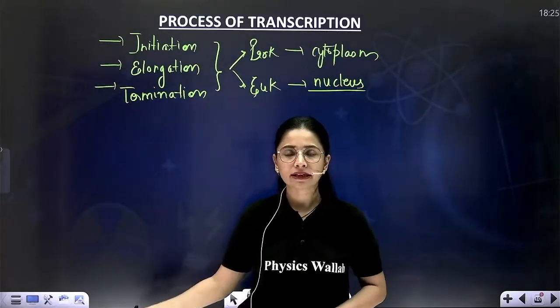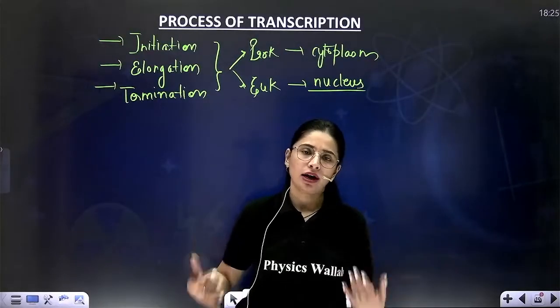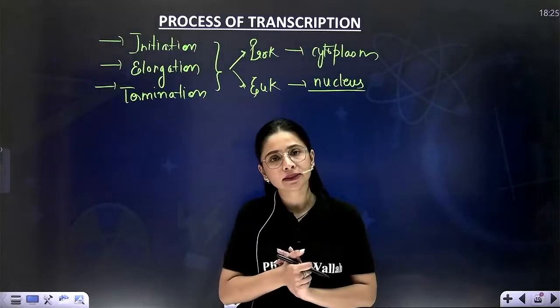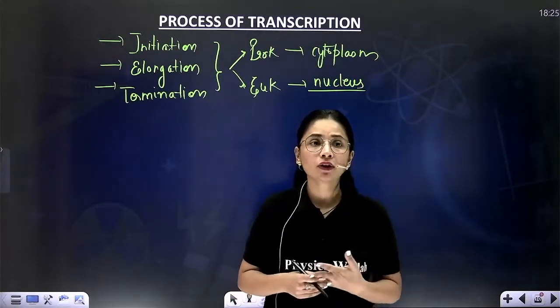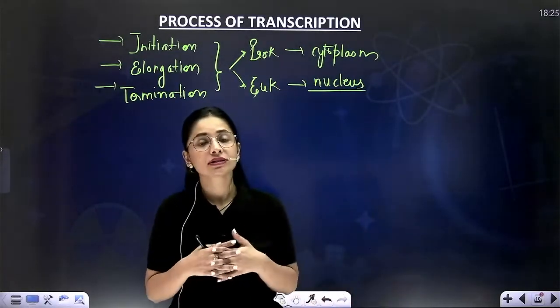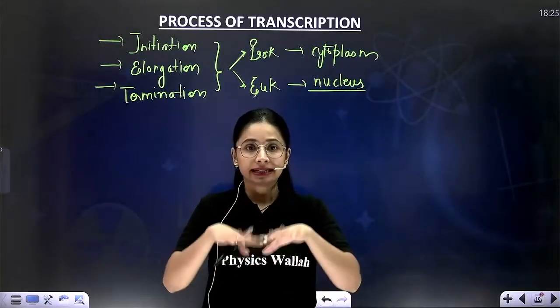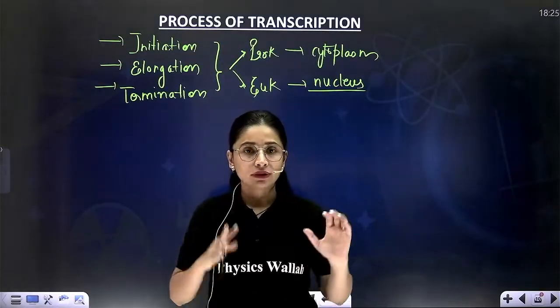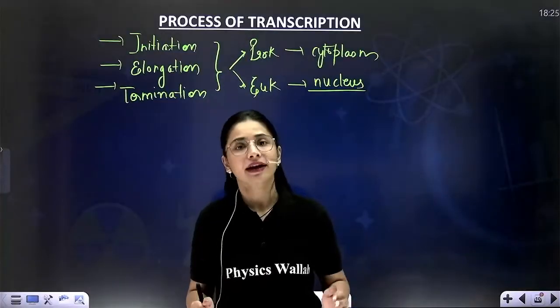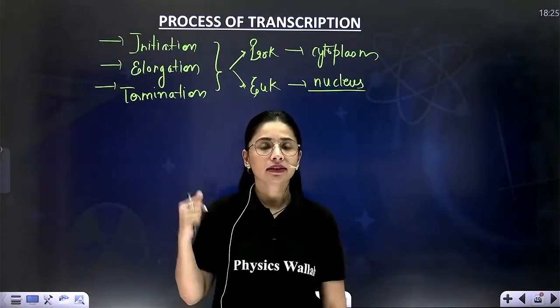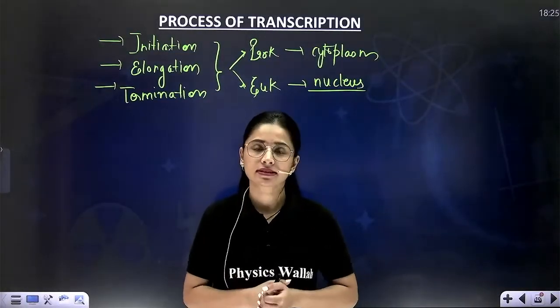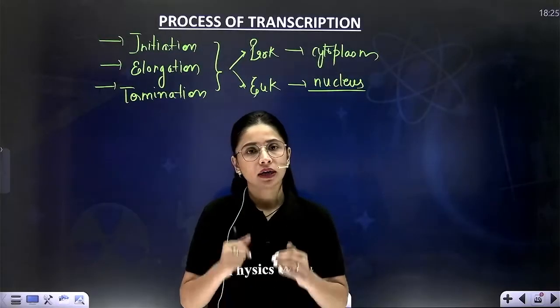So replication also took place in the cytoplasm. Transcription also takes place in the cytoplasm. But eukaryotes have a well-defined nucleus and cell organelles. So the work of replication and transcription is done in the nucleus itself. Okay, chalo. Now let's start.